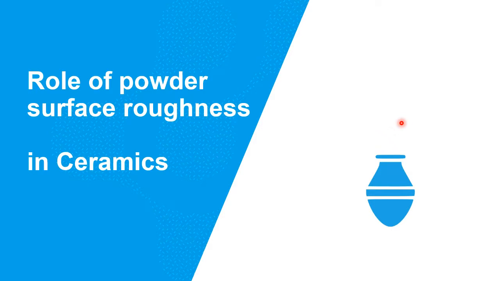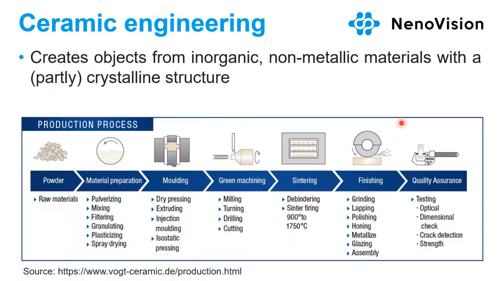Let's get to the other use case, and let's have a look at the role of powder surface roughness in ceramics. Ceramic engineering, from the research point of view, deals with ceramics created from inorganic non-metallic materials, which have a crystalline or partially crystalline structure.